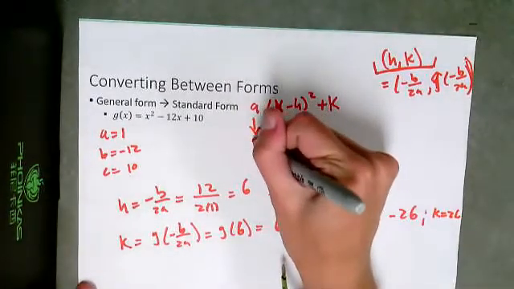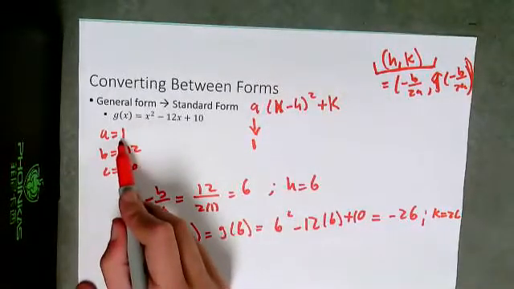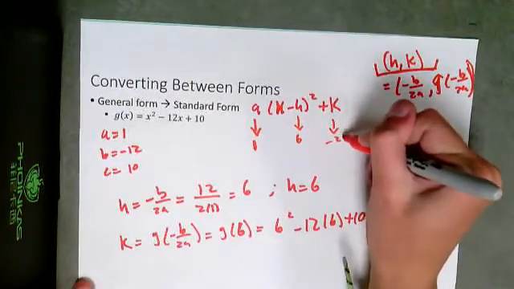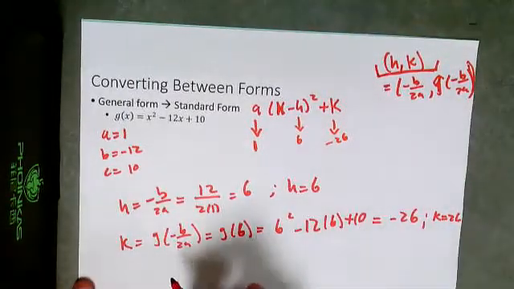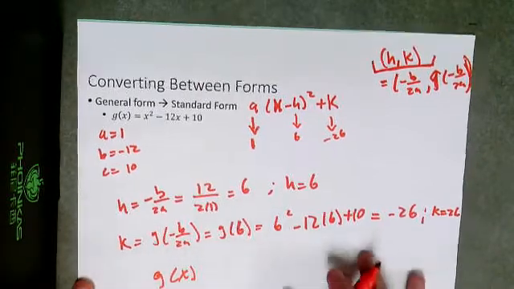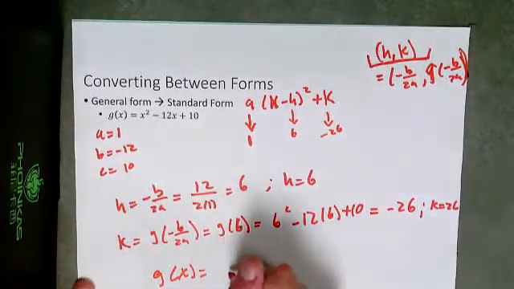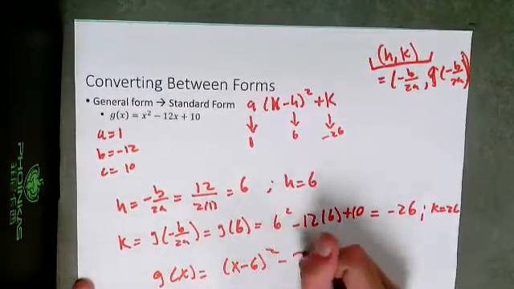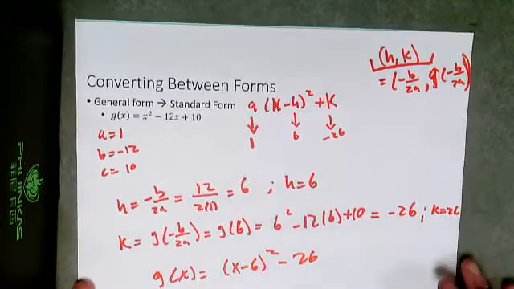So this guy is 1. The a value does not change from general form to standard form. This guy is 6, and this guy is negative 26. So our function g of x in standard form is going to be (x minus 6) squared minus 26.